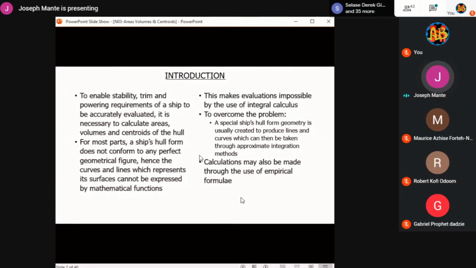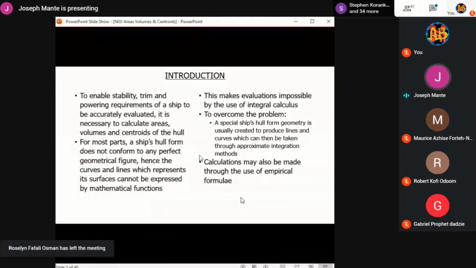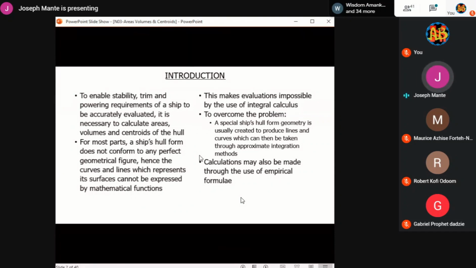When I put this cargo here, this is how my vessel will tend to behave. When I put the cargo here, this is how it will be. These are the things you have to know, especially when you are about to design the hull of the ship, before you go in for the construction. You need to know the volume.